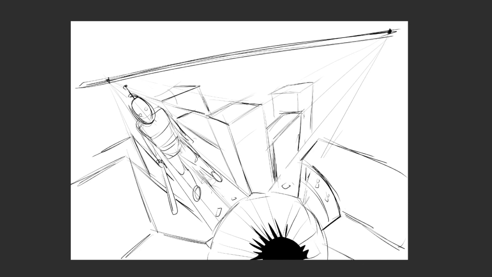Now for the worm's eye view. For the worm's eye view, the horizon line is located down here below. And let's say there are two vanishing points here, and now, instead of the vanishing point at the center of the earth, it's at the center of the sky. So when you're drawing skyscrapers or something, you have to use this as a reference.